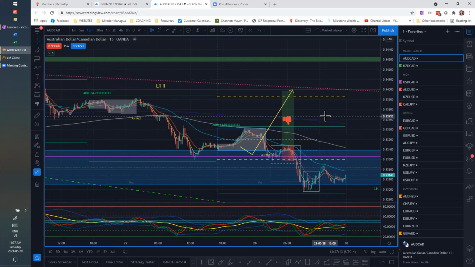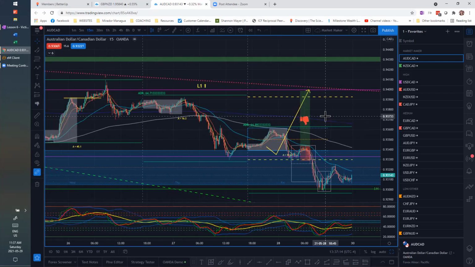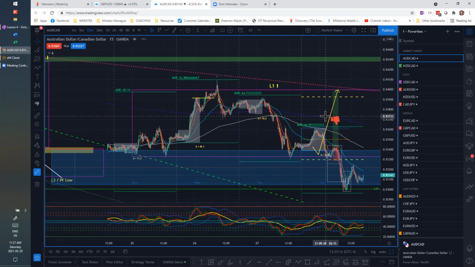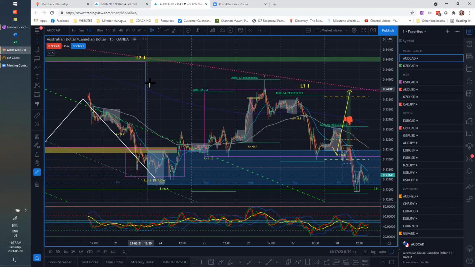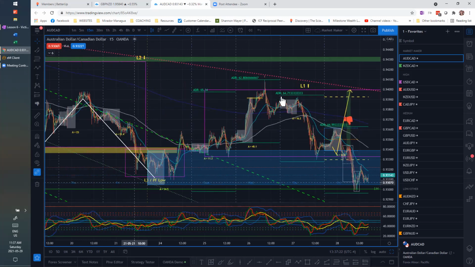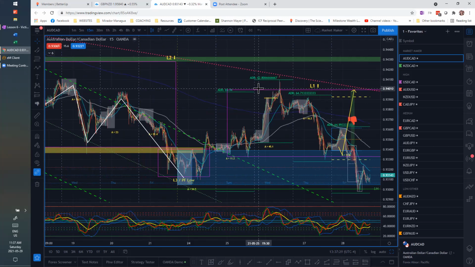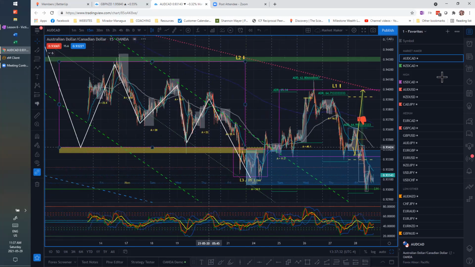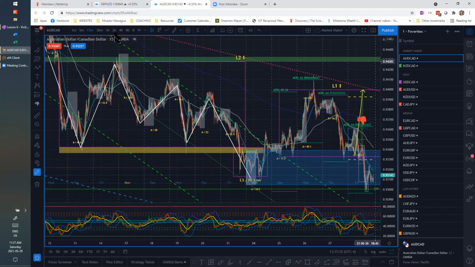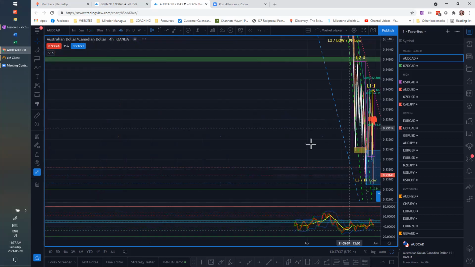So I think that was a reasonable entry, but assuming my levels are correct, that's the part that I still struggle with. Was this part of level 2, and then this is all just a big level 3 now on the way down with a big Elliott wave retracement? So maybe this, go back to the 4 hour.